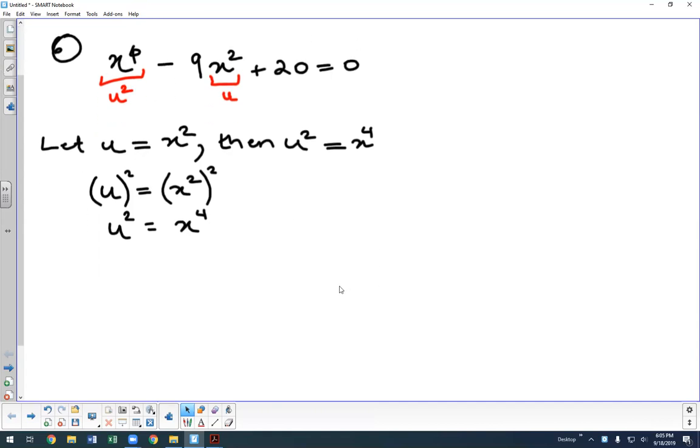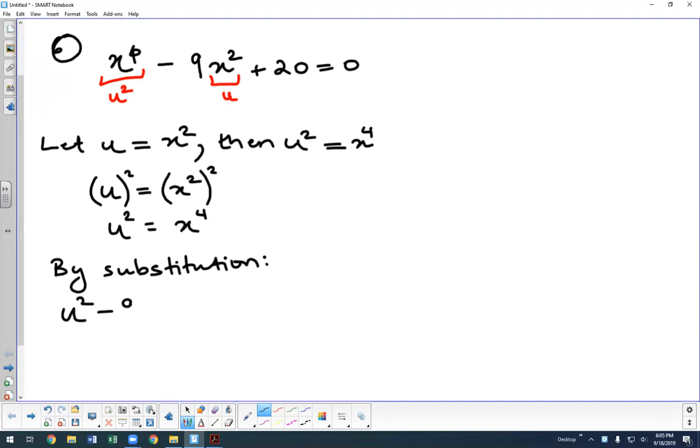So let's do our substitution here. Instead of x to the fourth, I will now have u squared minus, instead of 9x squared, that will now become 9u, and then of course plus 20 equals 0.